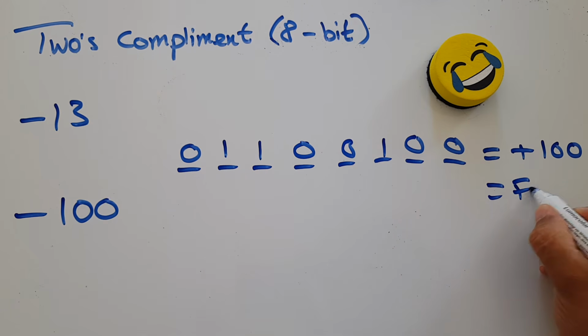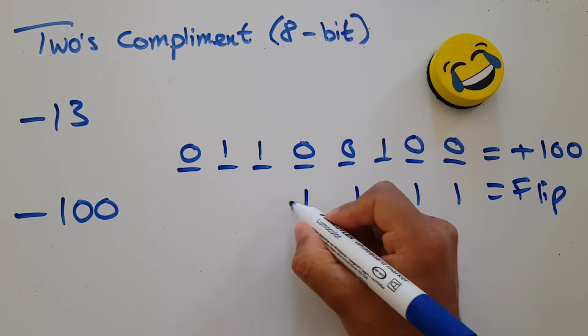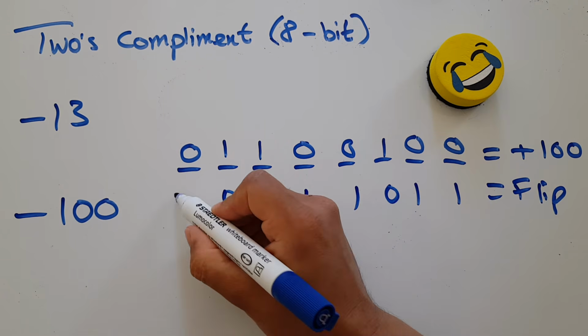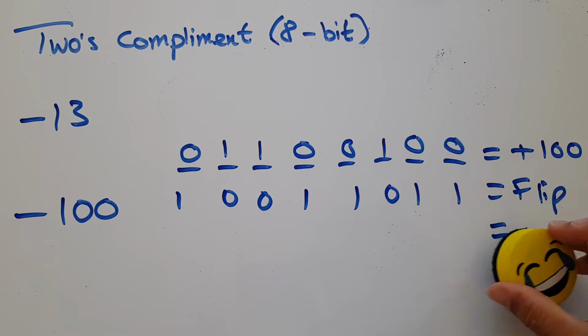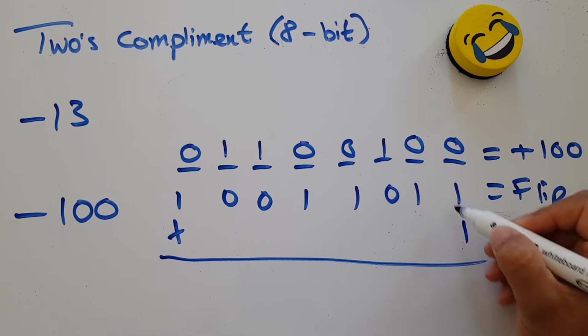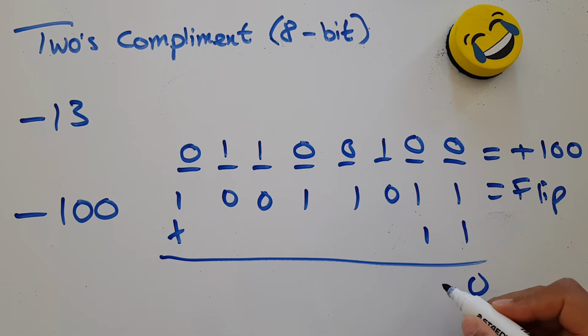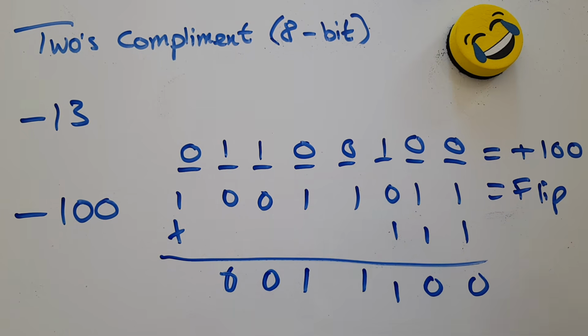Now I just flip it. 1, 1, 0, 1, 1, 0, 0, 1. And now I do the add. So binary addition of 1. So 1, 1, 0, carry the 1, 1, 1, 0, carry the 1, 1, 1, 1, 0, 0.